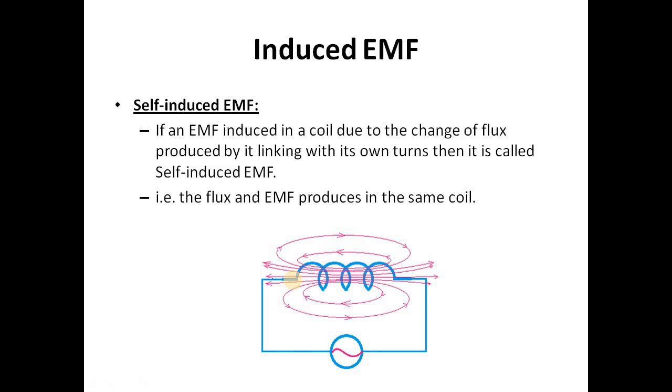And as we have seen in the initial slides, when current flows through a coil, the magnetic field will be set up around the coil. As this is an alternating voltage supply, the current which flows through this is also an alternating current, and the flux which is generated by this is also an alternating flux.